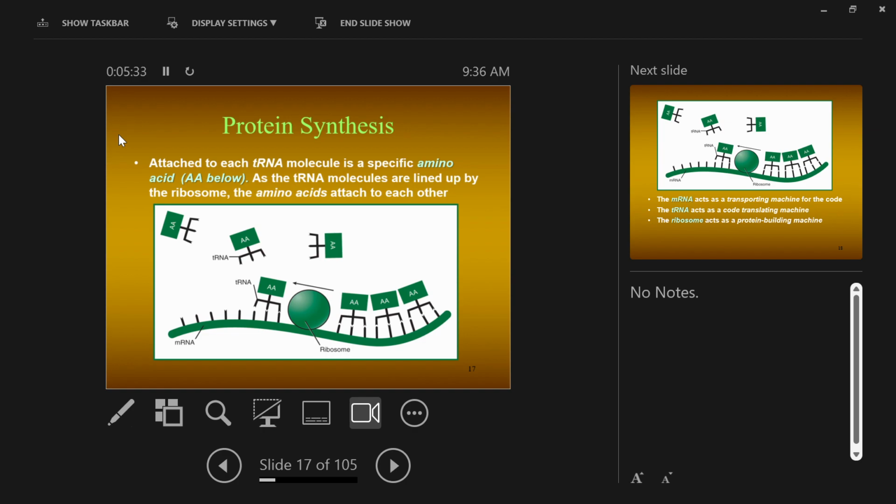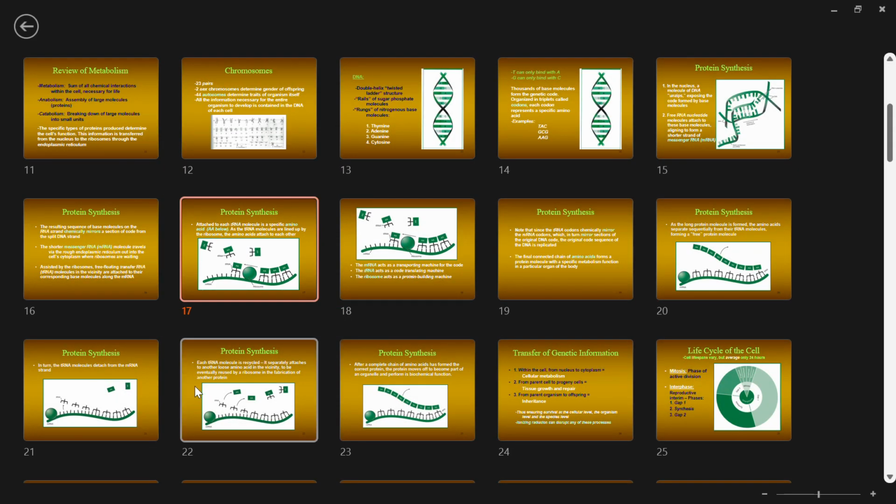So mRNA counts as well. tRNA, transfer ribonucleic acid, is the one that does the job of lining up the amino acids in a specific order, the amino acids that will eventually become a protein. Those tRNA molecules are target molecules. So when we think about target molecules, what we're really talking about are the nucleic acids.